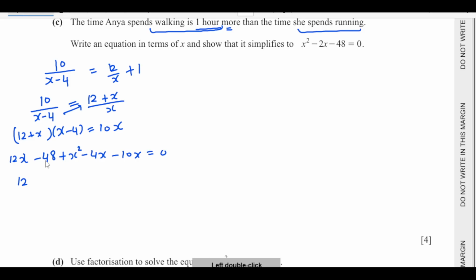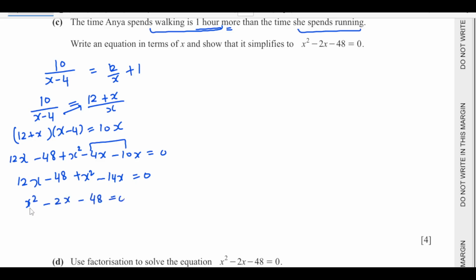So we have here 12x minus 48 plus x squared. You can combine, this one is negative 14x, equals 0. So rewriting x squared and 12x minus 14x, it's x squared minus 2x minus 48 equals 0. So that's okay, that's what we need to write actually. So this is hence proved. So we got the one equation that we required.